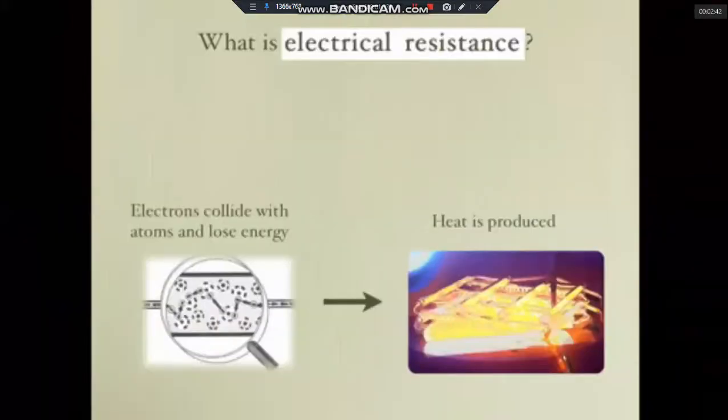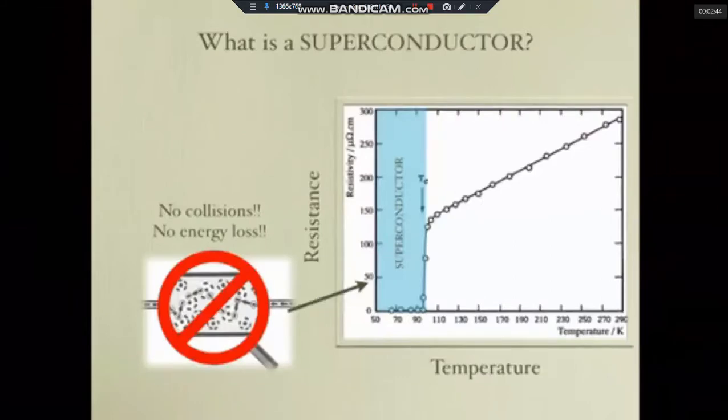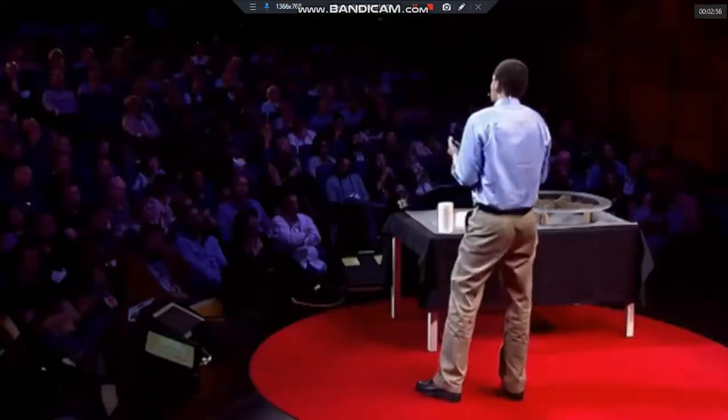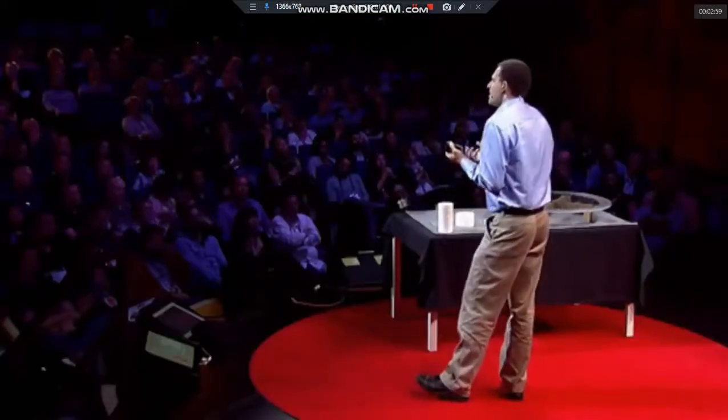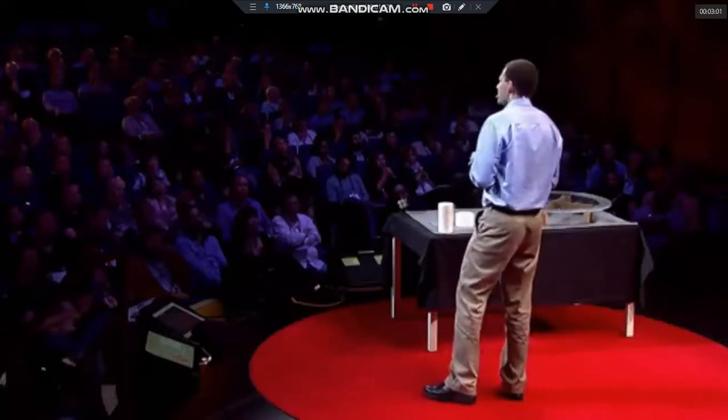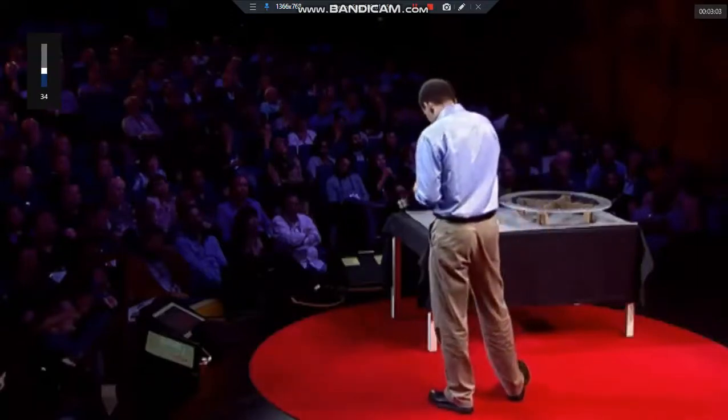And in these collisions, they lose a certain amount of energy, and they dissipate this energy in the form of heat. And you know that effect. However, inside a superconductor, there are no collisions. So there is no energy dissipation. It's quite remarkable. Think about it. In classical physics, there is always some friction, some energy loss, but not here, because it is a quantum effect.